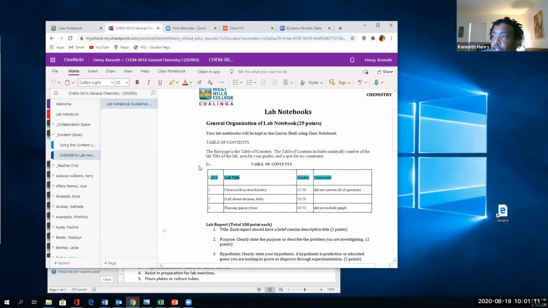Excuse me. So your table of contents should look like this. It should be a table with 4 columns and a whole bunch of rows. You're going to do about 20-ish labs or so, so I'd say at least 10 to start us off. You can add more as we go.